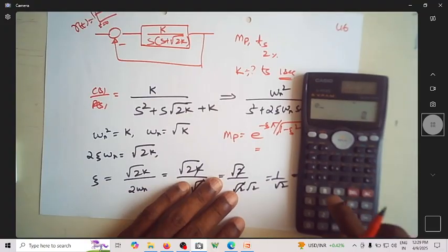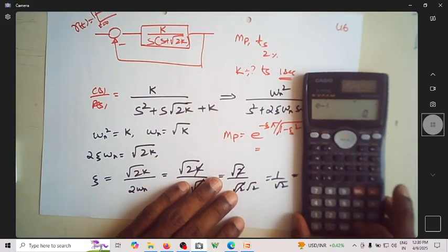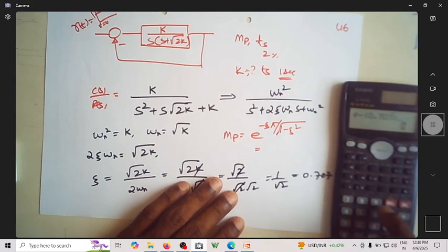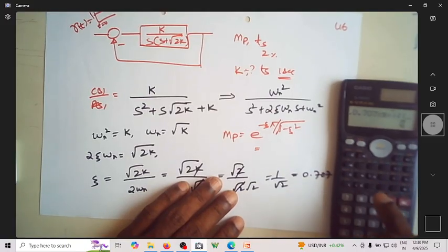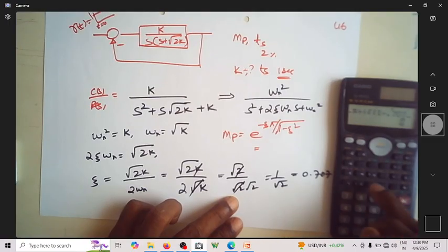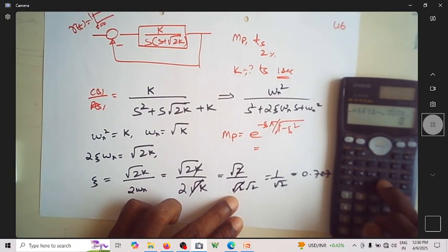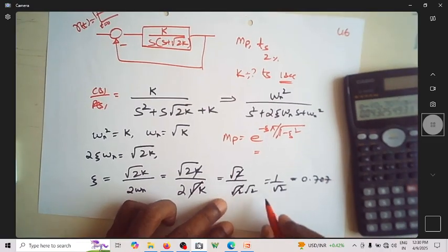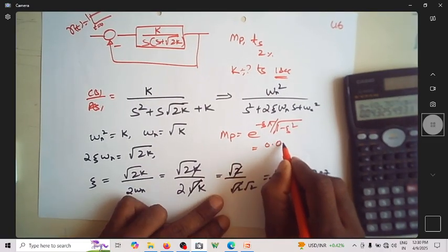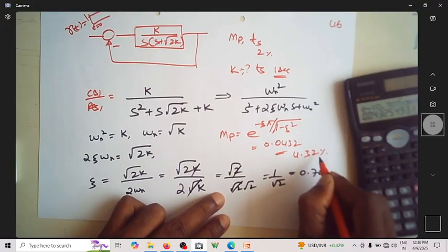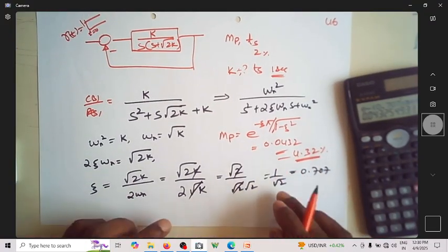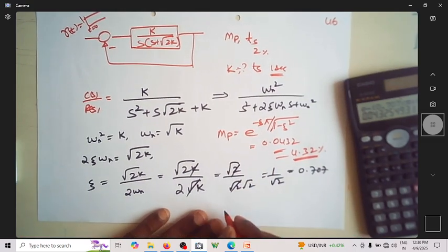It is e power minus 0.707 into π divided by under root of 1 minus 0.707 squared, which is nothing but 4.32% overshoot. It is hardly a very small overshoot, 4.3%.